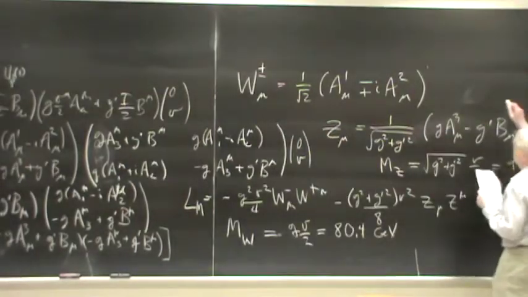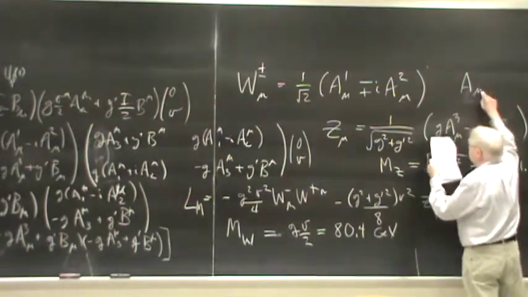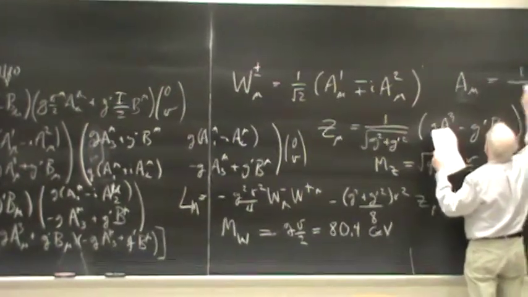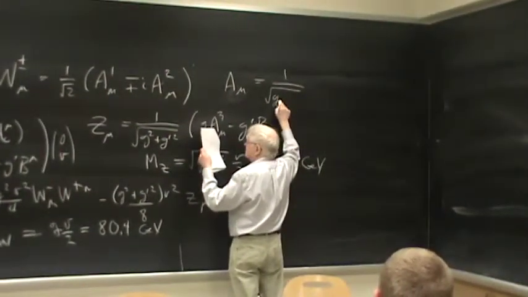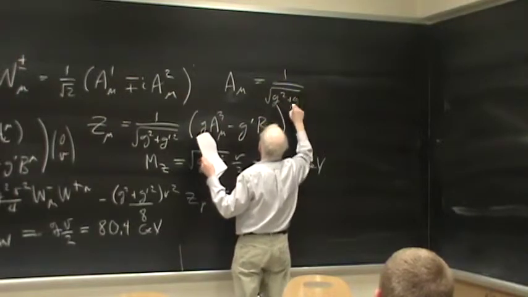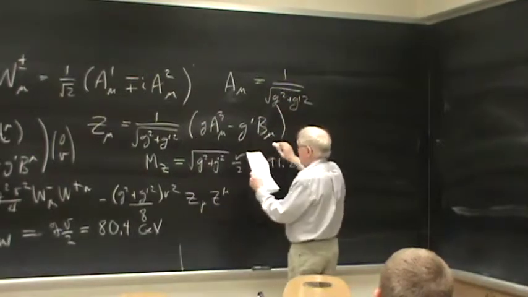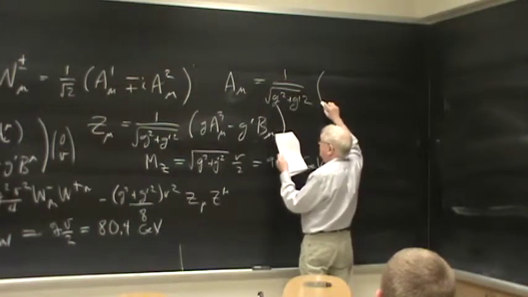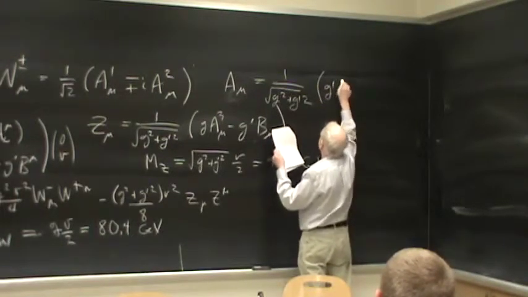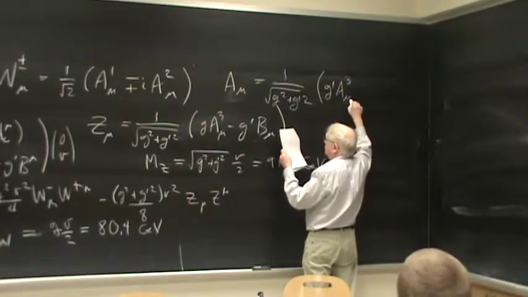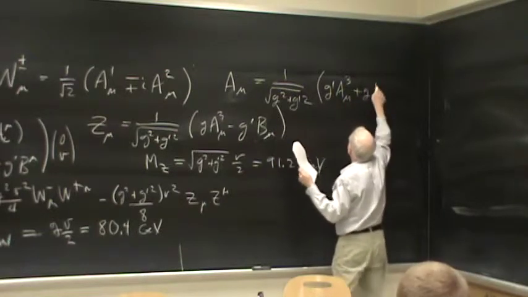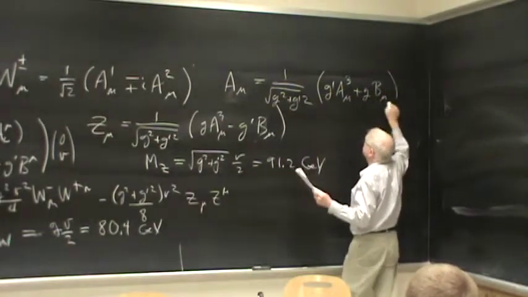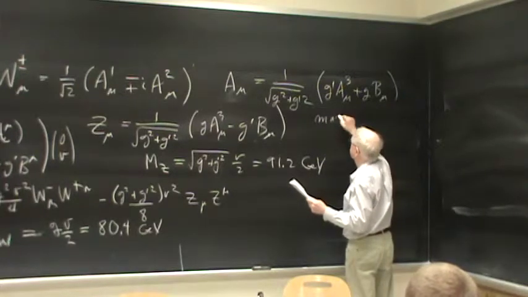The photon A mu is 1 over square root of g squared plus g prime squared, and it looks very much like this, but the plus sign and g prime are interchanged. So it's g prime a3 mu plus g b mu. So this is the photon and it's massless.